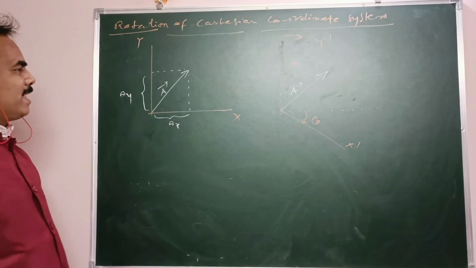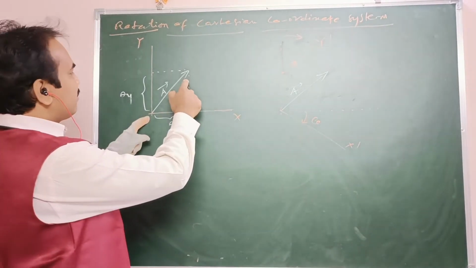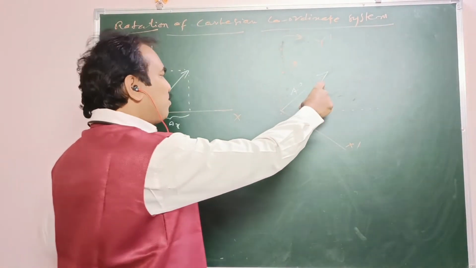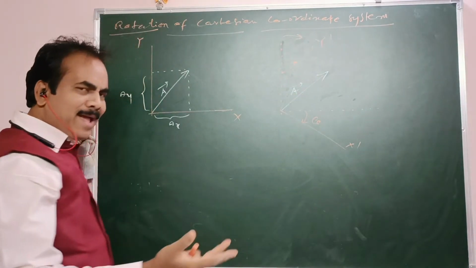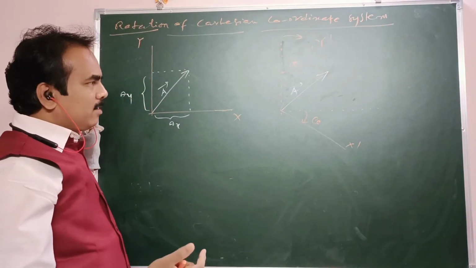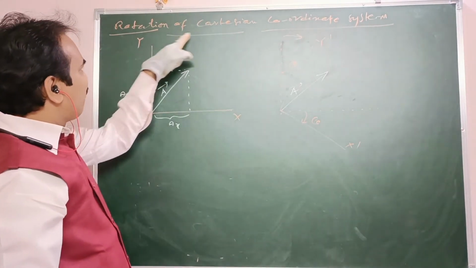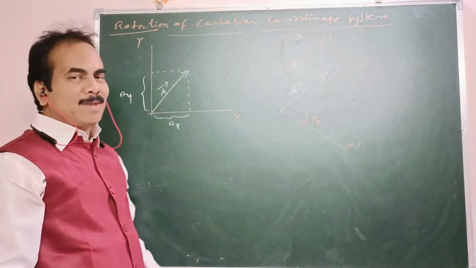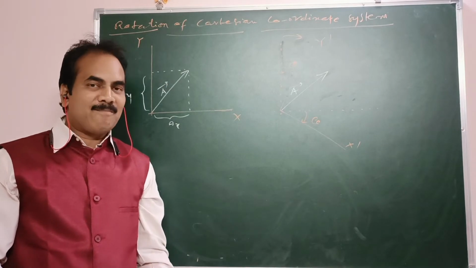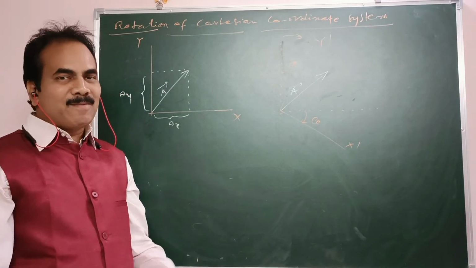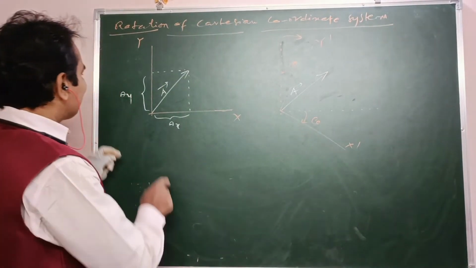No. There is no change in the given vector. It is simply lying in the previous position only, with no change in magnitude or direction. But during the rotation of the Cartesian coordinate system, keeping the given vector fixed, what happens? Components may change.